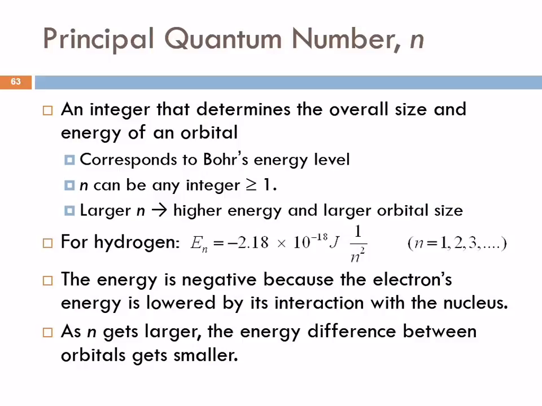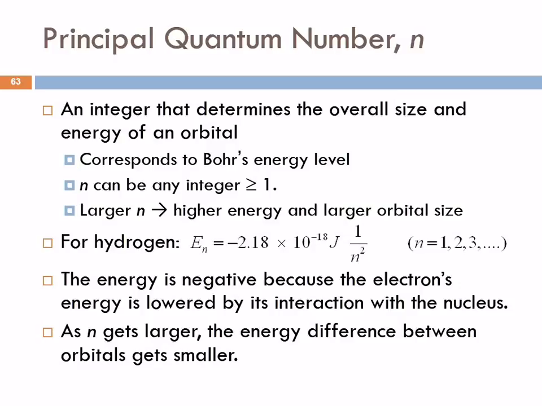So these principal quantum numbers, we need to understand a little bit about them. The principal quantum number n, again, the first 3 are all integers, meaning they're whole numbers, 1, 2, 3, 4, 5, etc. This is an integer that determines the overall size and energy of the orbital. And these integers correspond to the Bohr energy levels.